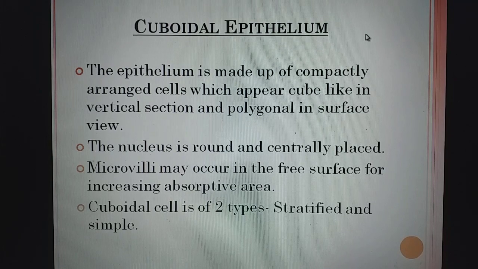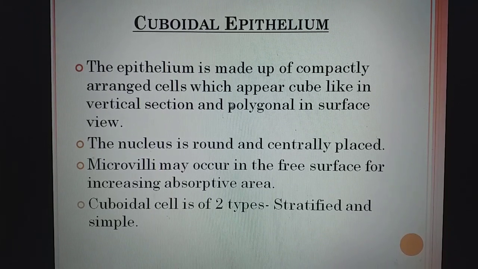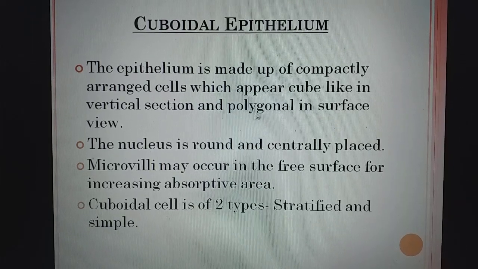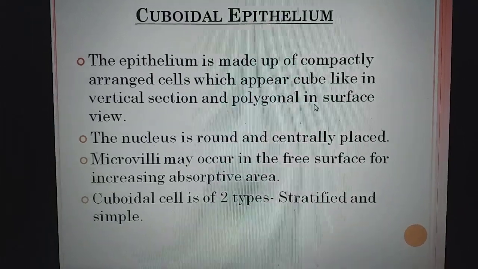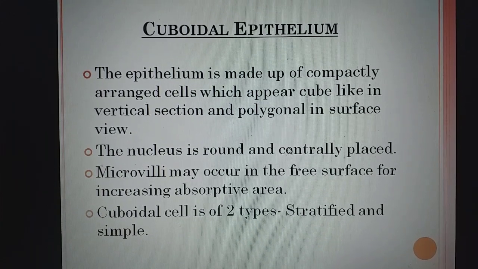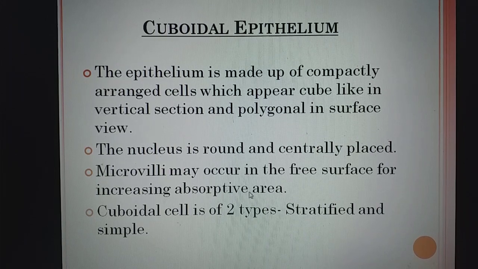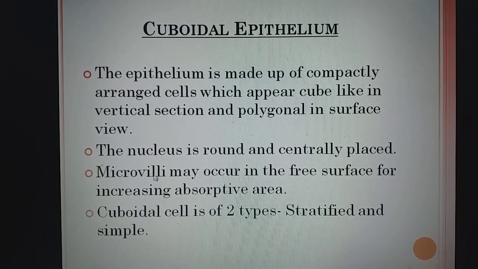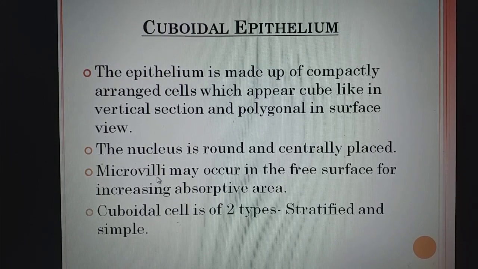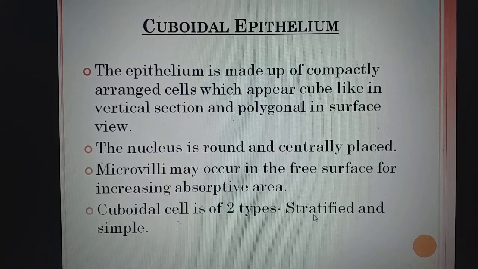Now cuboidal epithelial tissue. The epithelium is made up of compactly arranged cells which appear cube-like in vertical section and polygonal in surface view. The nucleus is round and centrally placed. Microvilli may occur on the free surface for increasing absorptive area. Microvilli means the hair-like structures. Cuboidal epithelium is of two types, that is stratified and simple.